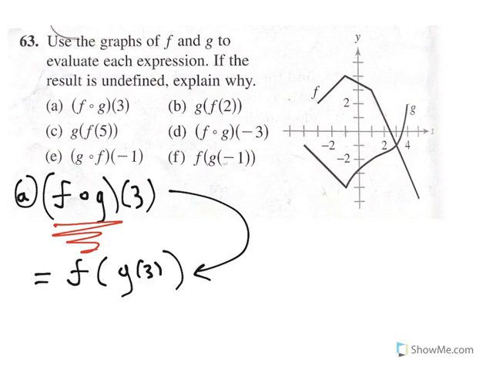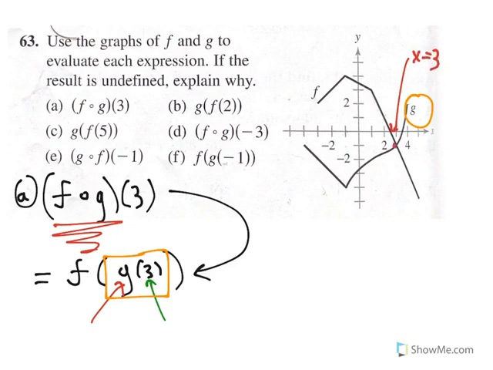The key that you need is to understand function notation. The name of the function is g. The input for the function is 3. So g of 3 is the output from the function g when the input is 3. How do you get that? Remember yesterday's lesson. You look at the graph of g, and you look at the input of 3. The input of 3 is right here, where x is equal to 3.